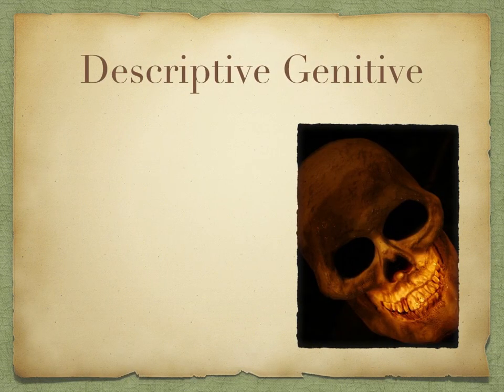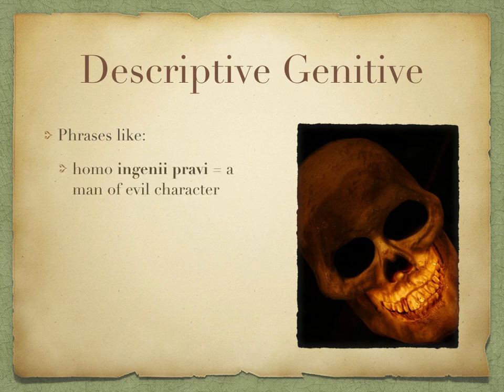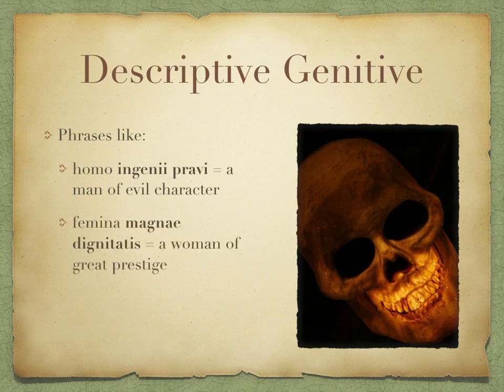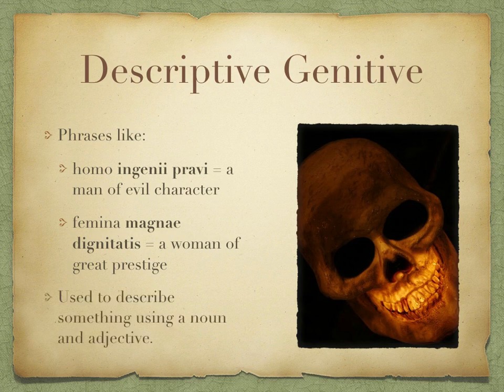The other new type of genitive we meet is the descriptive genitive. And so this is found in phrases like, for example, homo ingenii pravi, a man of evil character, or femina magnae dignitatis, a woman of great prestige. So this, as the name suggests, is used to describe a noun, and it's using a noun and adjective phrase.